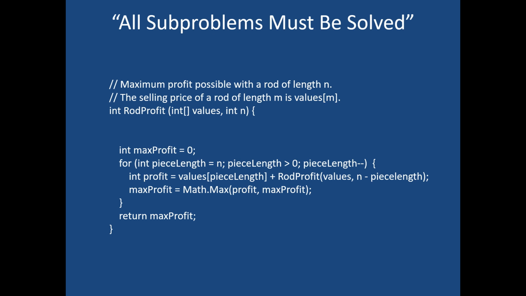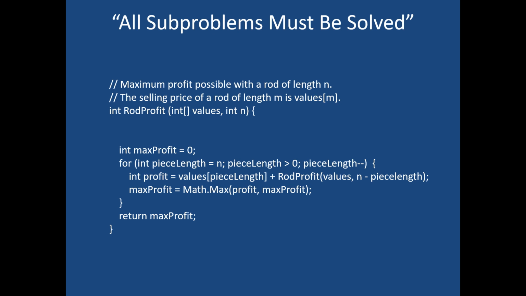Now, where would you store things into the table? Where you return it. Right. Stored by caching. Before you return it, you store it into the table. So you call the method, it iterates through, figuring out the best you can do with each rod length, looking up answers to subproblems in the table as it goes, and then when it's done, it returns the max profit.